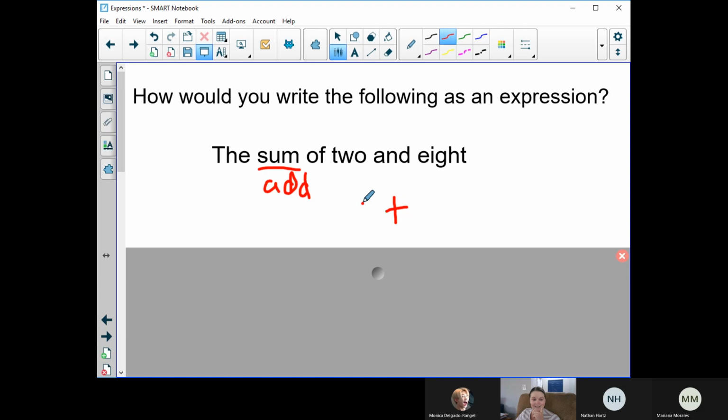Because of the words 2 and 8. So 2 and 8. Now, could I have written it as 8 plus 2? Would that have meant the same thing? Okay. So 2 plus 8, or 8 plus 2, is the sum of 2 and 8.